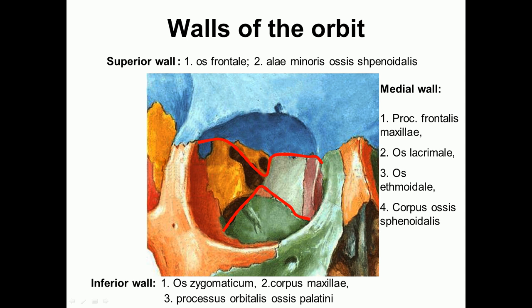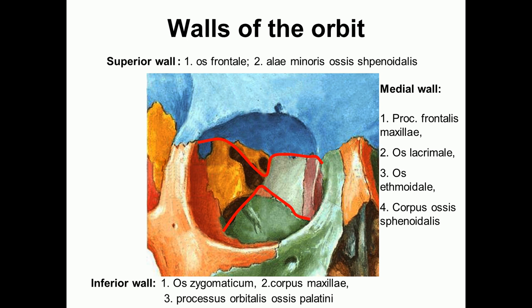Then os ethmoidale. Here it is. And number 4, which is written but we can't see it in this position of the orbit: corpus ossis sphenoidalis. How can we demonstrate it in a specimen?